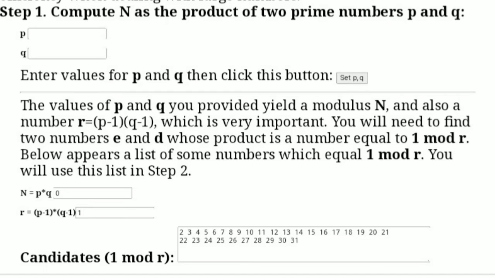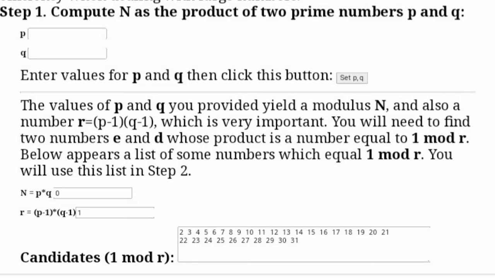You will need to find two numbers E and D whose product is equal to 1 mod R. Below appears a list of some numbers which equal 1 mod R. You will use this list in step 2. So N is equal to P times Q, R is equal to (P minus 1) times (Q minus 1).